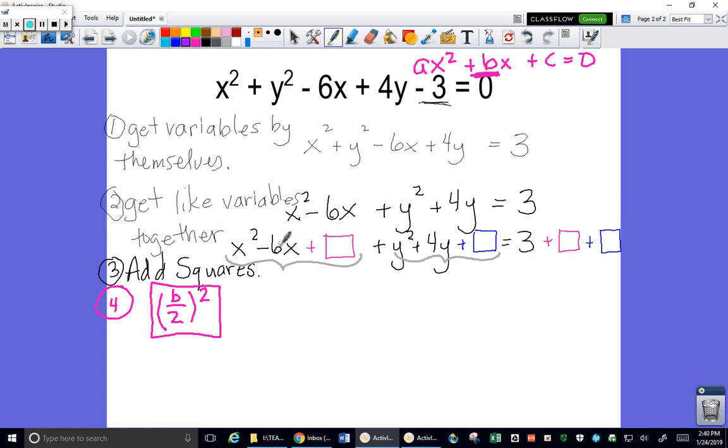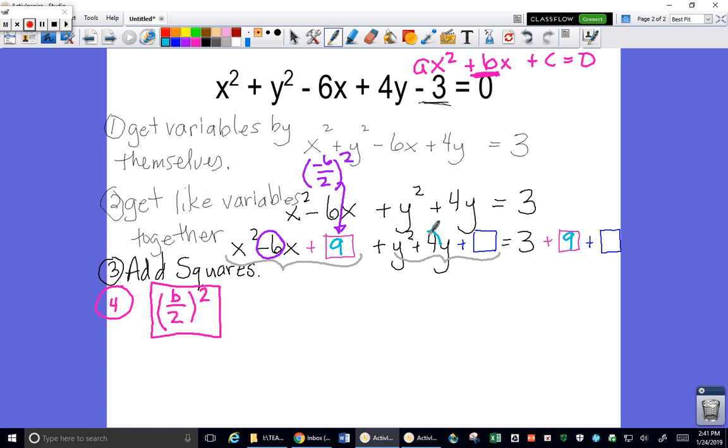For here, that number would be -6. So the number that goes in the box is -6 divided by 2, squared. -6 divided by 2 is -3. -3 squared is +9. So I'm going to add 9 in both of these pink boxes. Half of -6, squared.